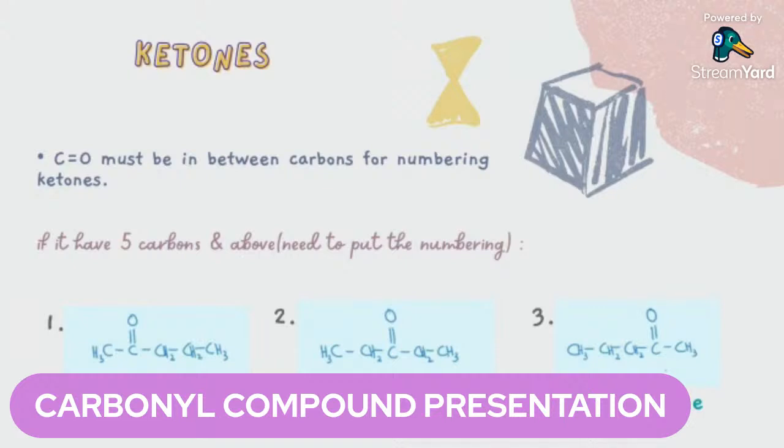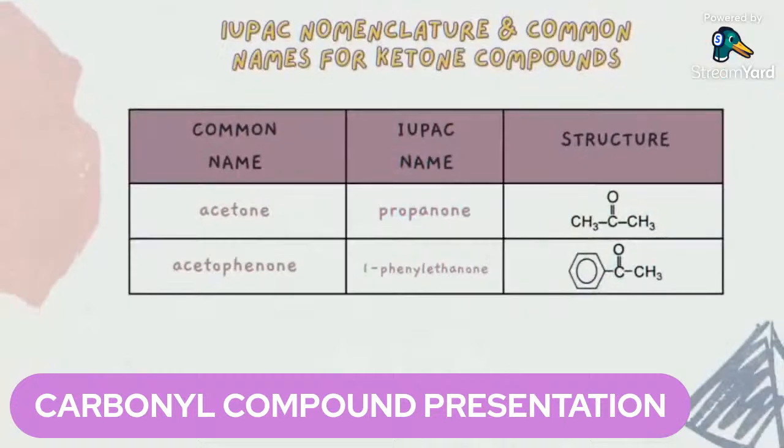So do we need to put the number of the C=O position in a 5-carbon ketone? The answer is yes. We need to put the number if we have a ketone with 5 carbons and above. Next, let's move to the IUPAC names and some common names for ketones. The first one is propanone, a ketone with 3 carbons, also named acetone.